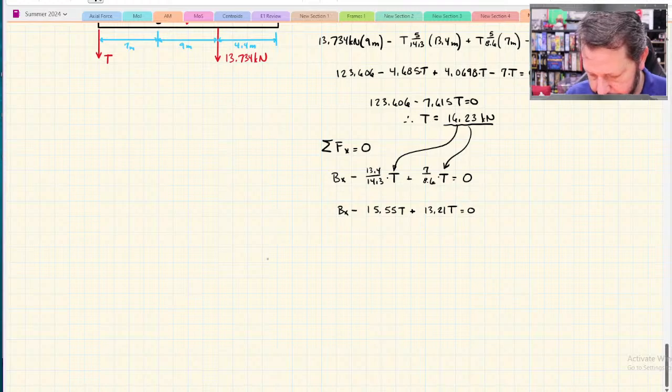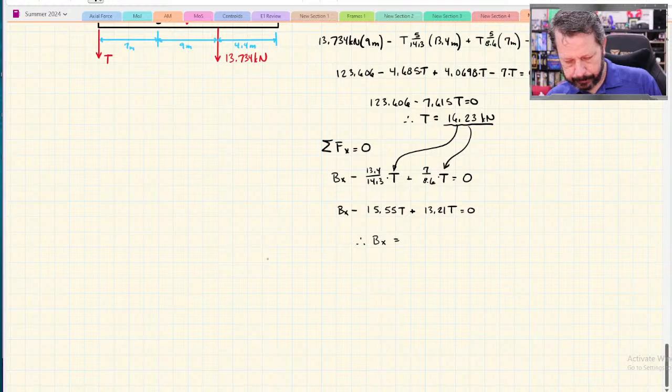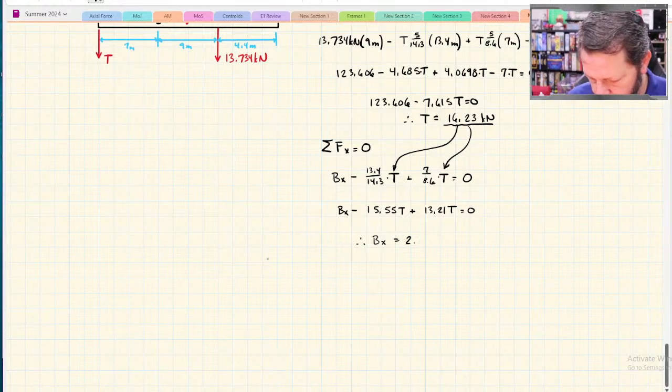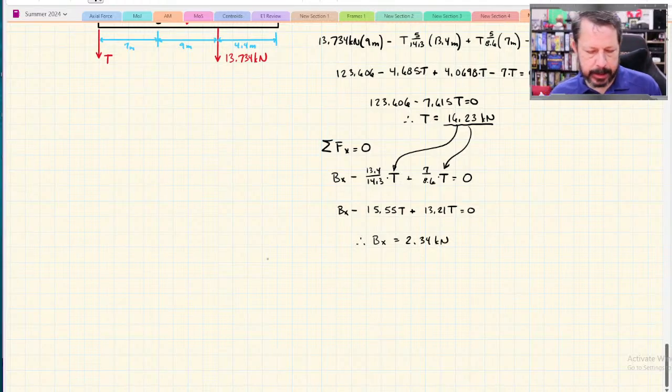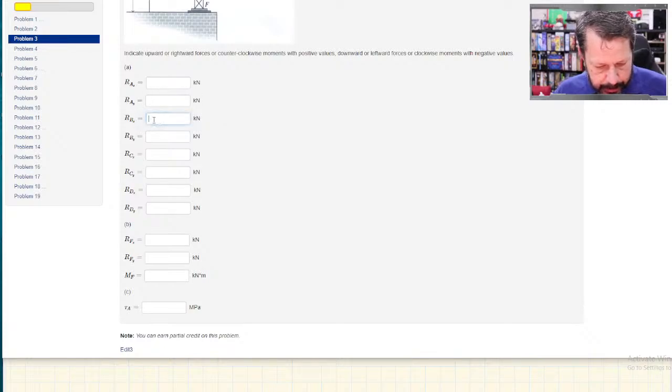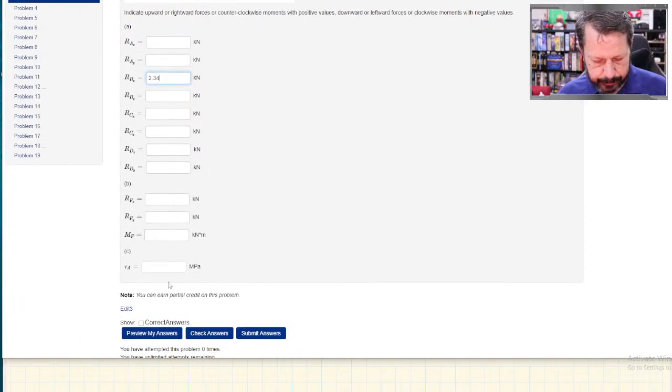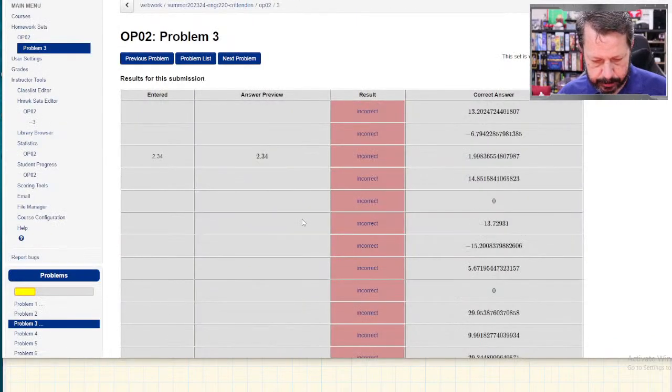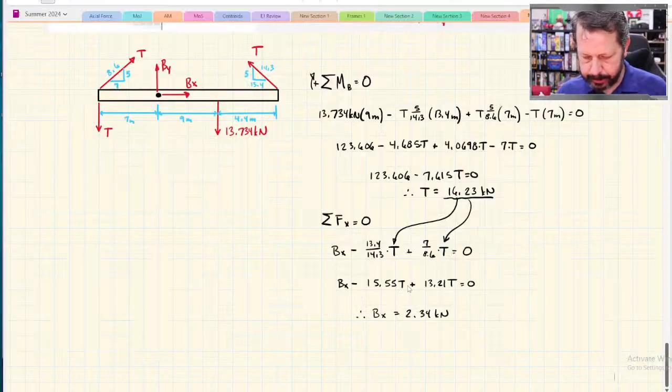Move them to the other side of the equal sign, and we get bx is 2.34 kilonewtons positive, which means I chose the correct orientation for bx. 2.34 reaction at bx, right is supposed to be positive, and I got it wrong. Oh, 2, and I wrote 2.34. Why did we get it wrong?